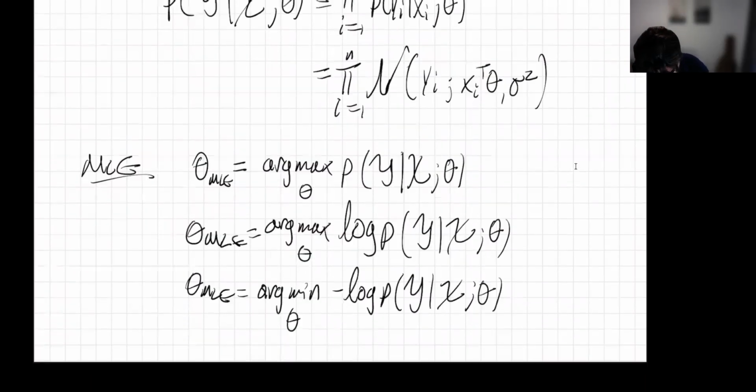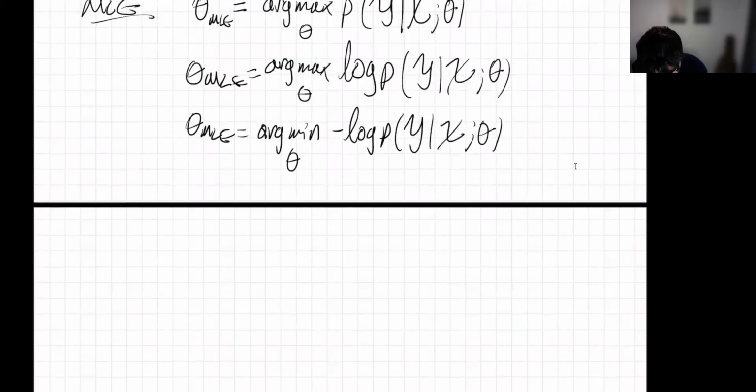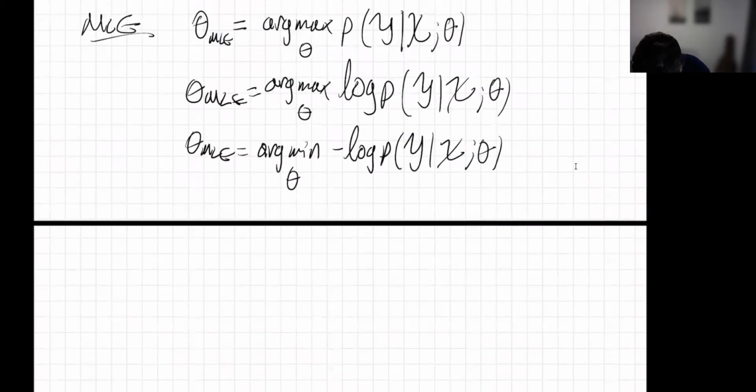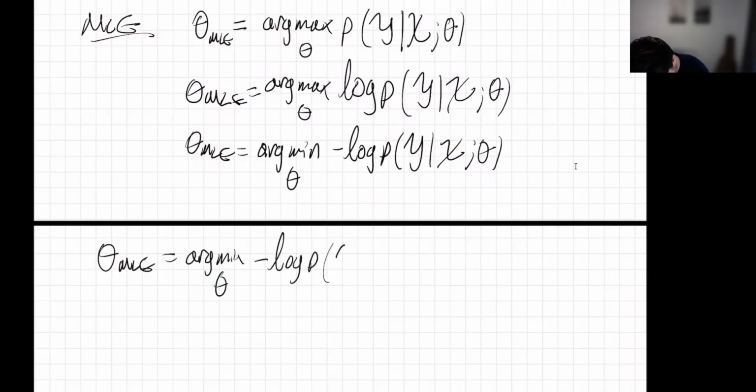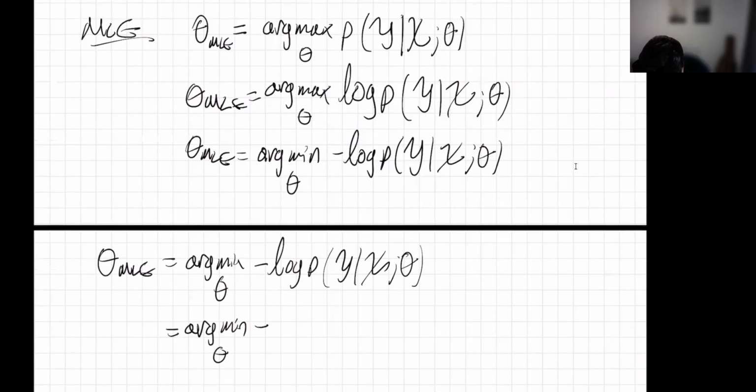And here we can just finally take this form and replace what we calculated above by saying argmin of minus logarithm of p of y given x parameterized by theta, and this will be argmin over theta. This P here, remember, it's a product.